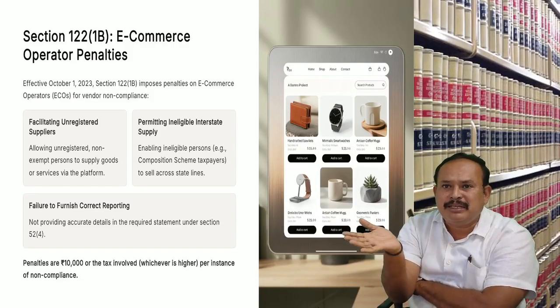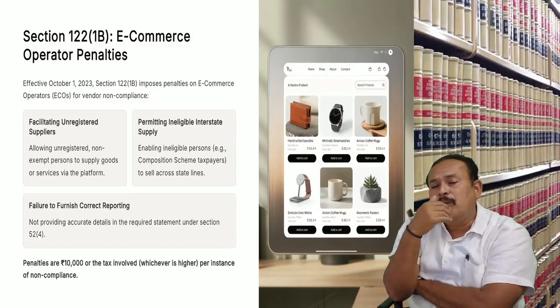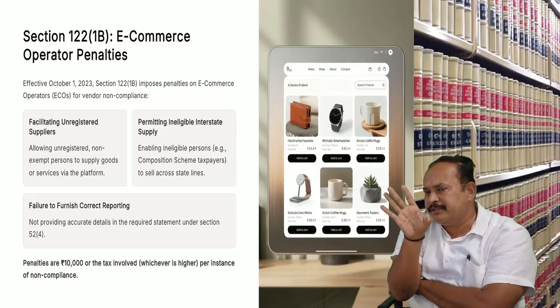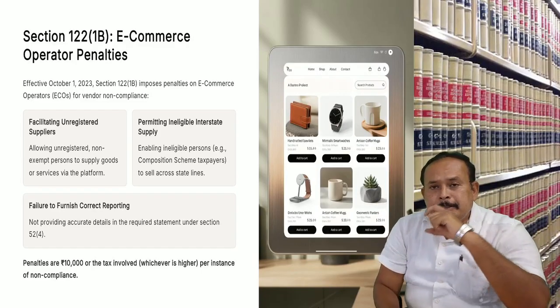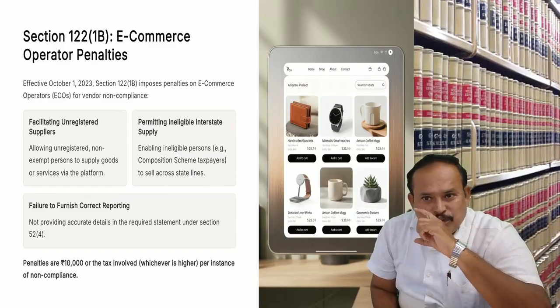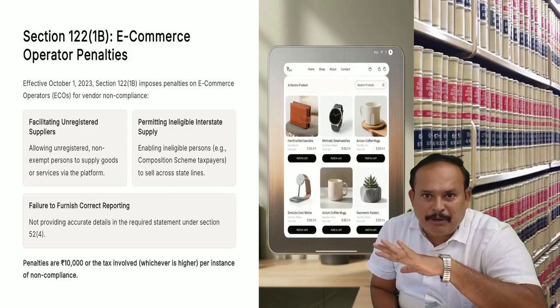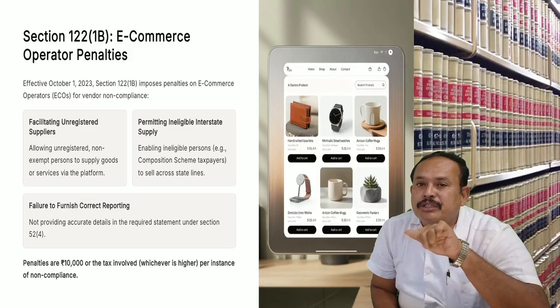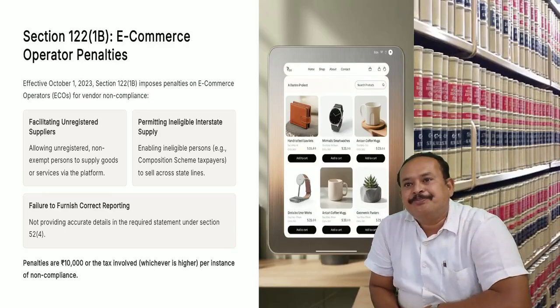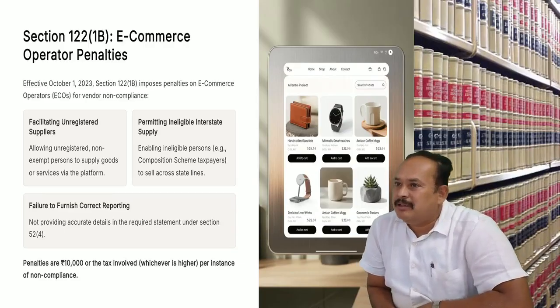TCS will apply in some cases. Now, I referred to the e-commerce operator in one case, where a composition taxpayer is allowed to supply goods through the e-commerce operator platform only for intrastate supply, and should not be permitted to supply interstate. If he did so, it is an offense. The e-commerce operator has a penalty.